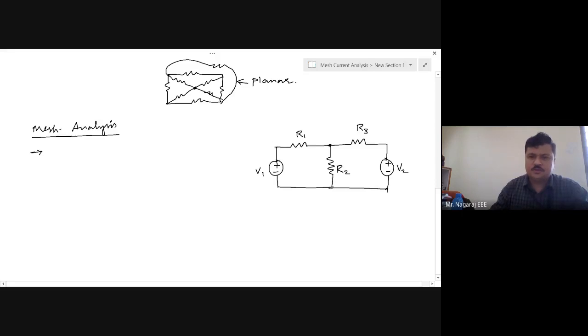So first we should observe how many meshes are present in the circuit. Then I should recognize the individual meshes. So here there are two individual meshes present, A, B, E, F and B, C, D, E. So these two are the individual meshes. I will call this mesh 1 and I will call this mesh 2.